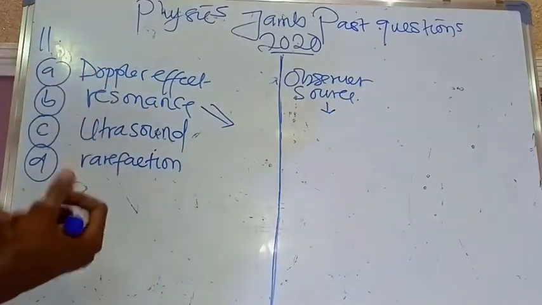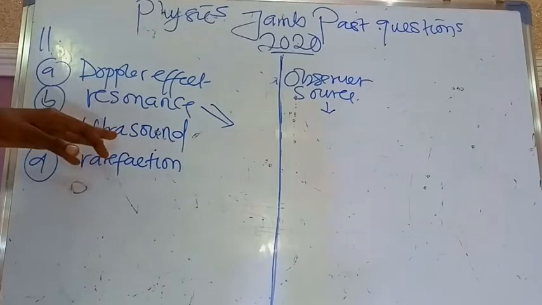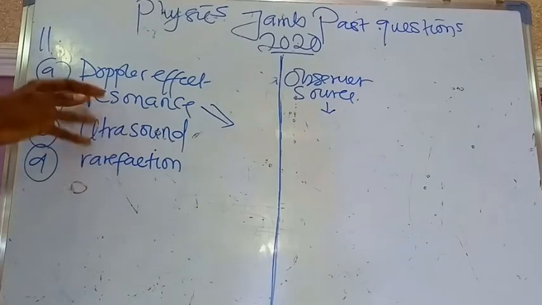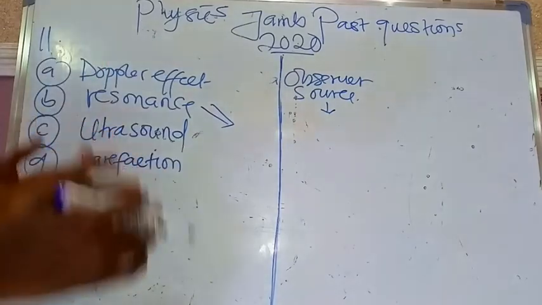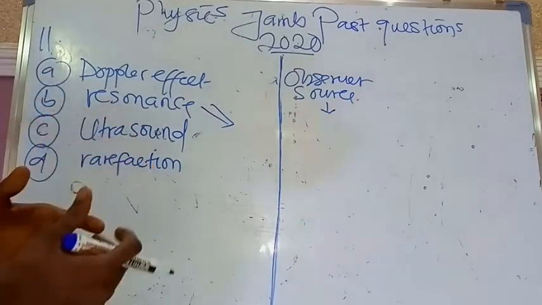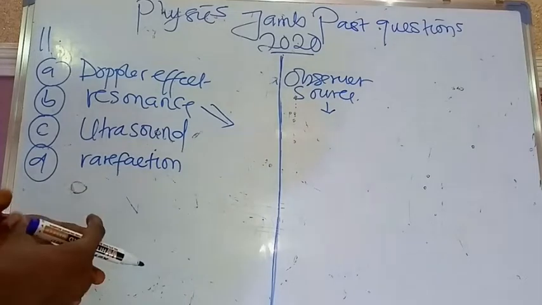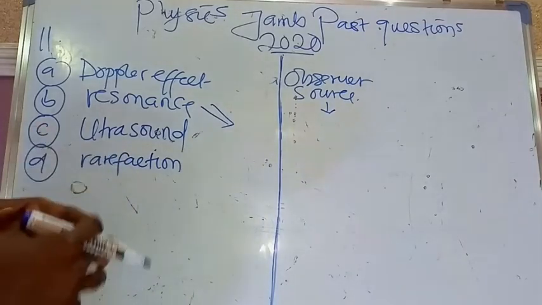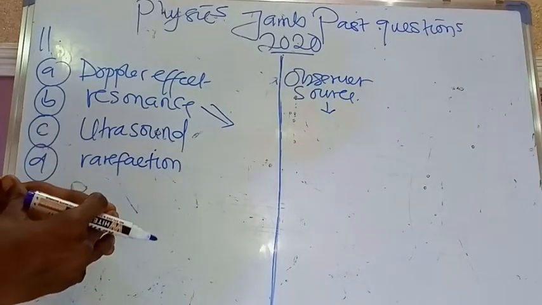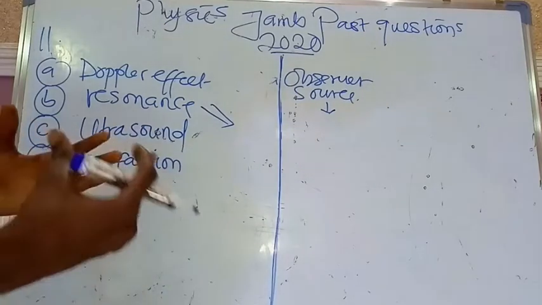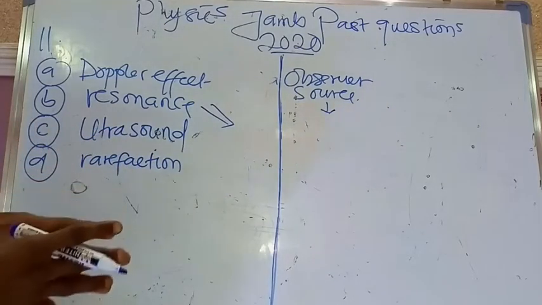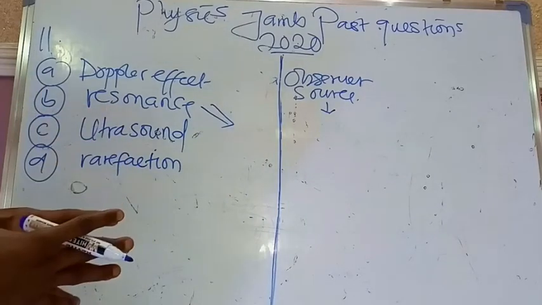So that is resonance. And then ultrasound is one of the applications of sound used in detection of structures in the body, like ultrasound imaging. If there is any fault in the organs or anything affecting the body, ultrasound imaging usually reveals it.